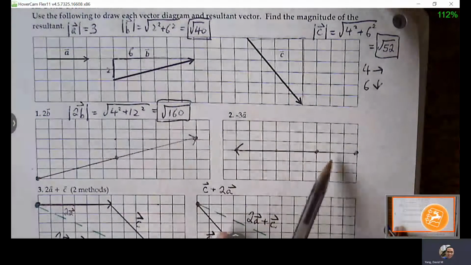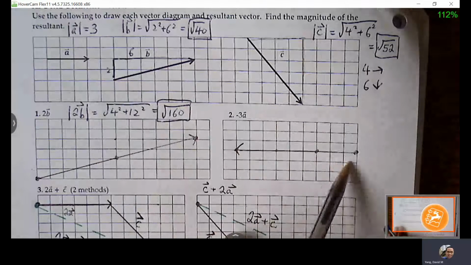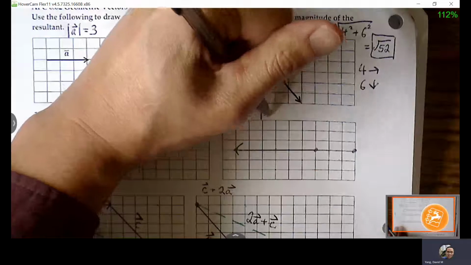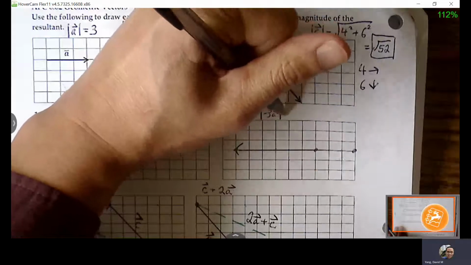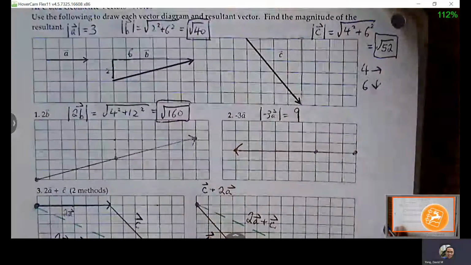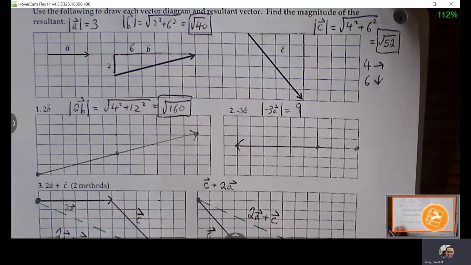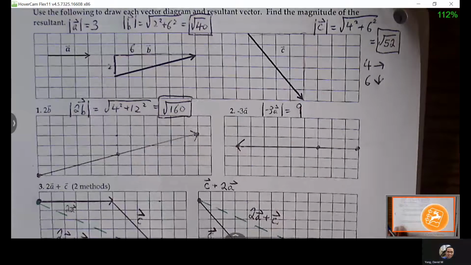This one you can just count, right? This is going to be just 9 units. And it's always going to be positive. So magnitude, we don't care about the direction. We're just going to find the positive version of it.